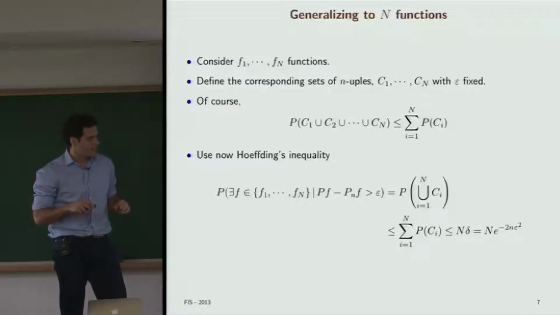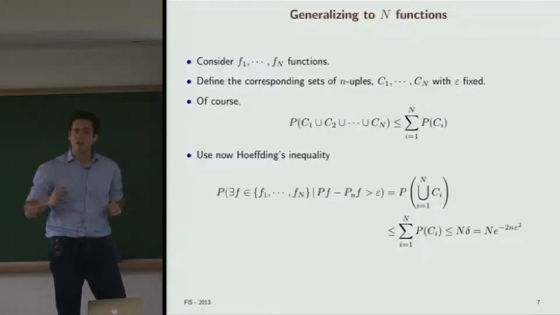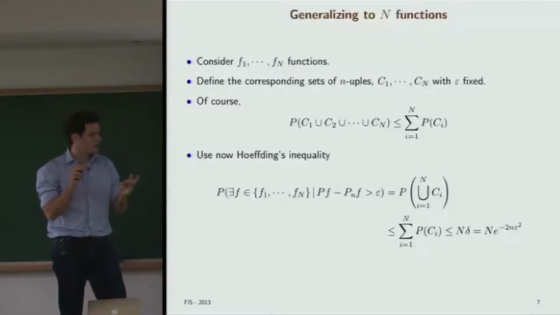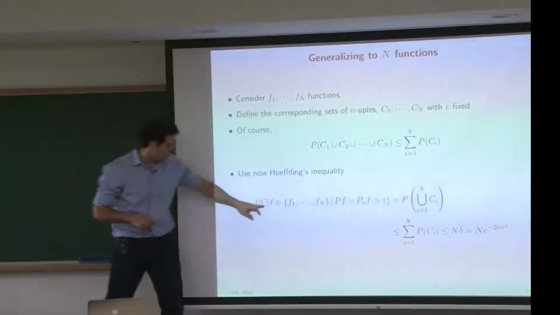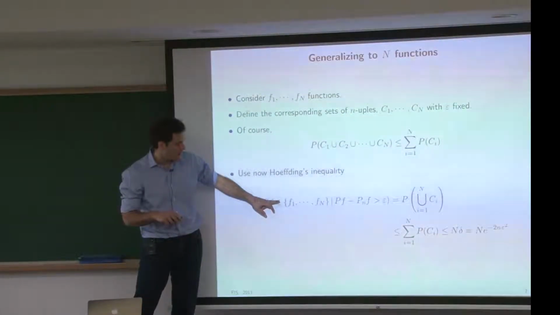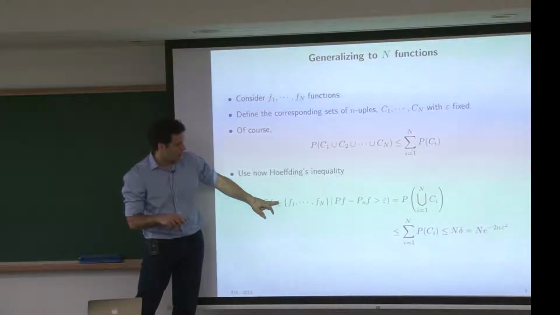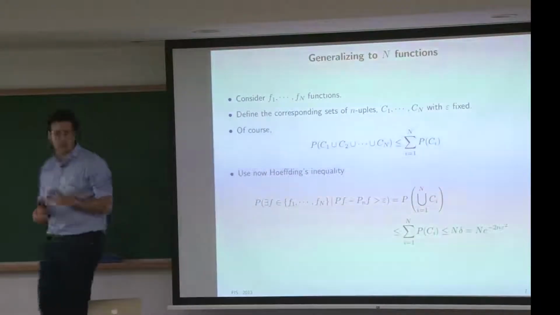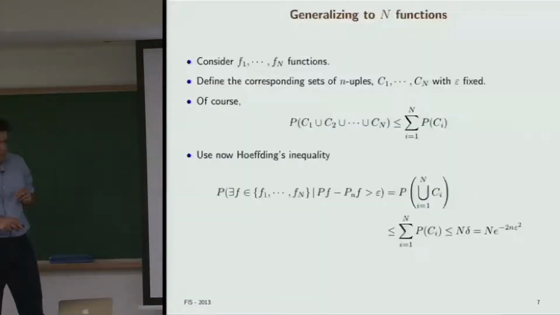And within that set, at least one of my functions has a deviation from the true risk which is higher than epsilon. The empirical risk is further away from the true risk than epsilon. So again, I can say that the probability that there exists an f in the set f1 to fn such that P f minus Pn f is bigger than epsilon is, again, reduced by the union bound to n times the probabilities. Okay?